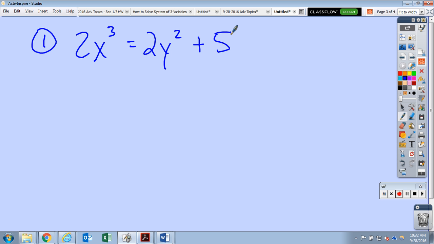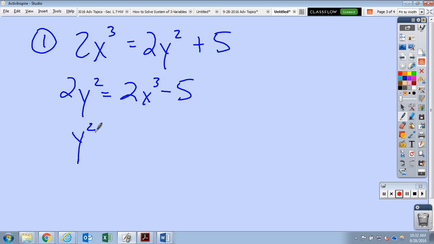Okay. So up until this point, what we knew was to maybe write y in terms of x. And we could do this. The only thing is that we have a plus or minus square root going on here. So if we subtract 5, we have 2y squared is equal to 2x cubed minus 5, divided by 2.